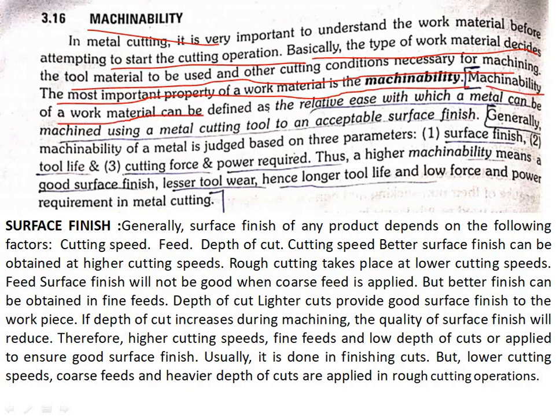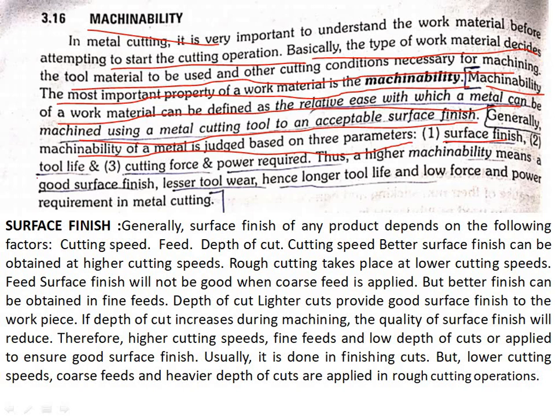Machinability of a work material can be defined as the relative ease with which a metal can be machined using a metal cutting tool to an acceptable surface finish. Generally, machinability of metal is judged based on these three parameters.